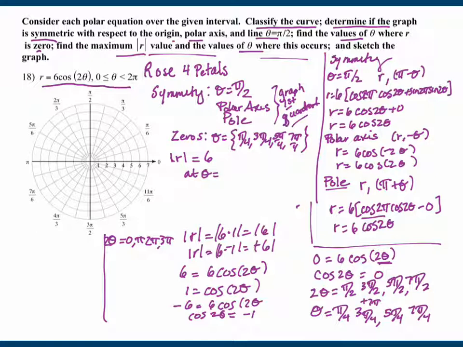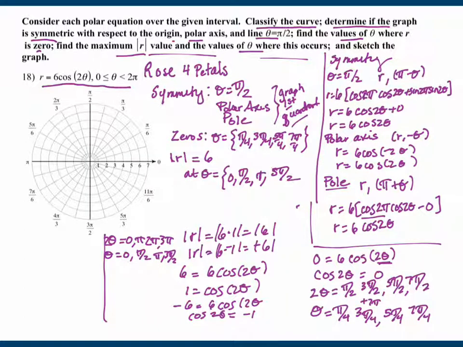That's because we have a double angle. We have to go out to before 4 pi. So then theta would be 0 over 2 or 0, pi over 2, 2 pi over 2, which is pi, and 3 pi over 2. So those angles would be 0, pi over 2, pi, and 3 pi over 2.